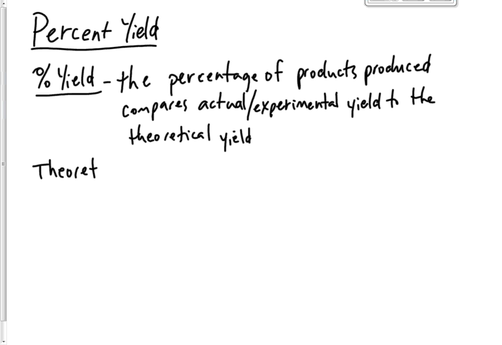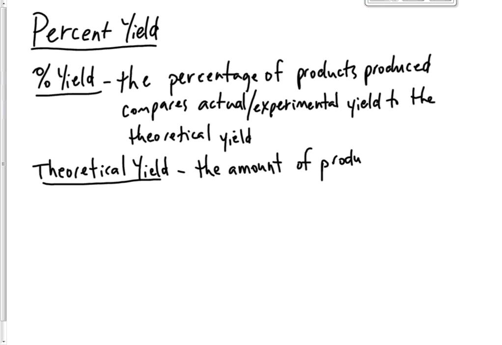The theoretical yield is the amount of product you should get if the reaction goes to 100% completion.